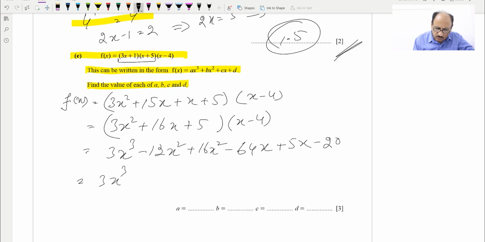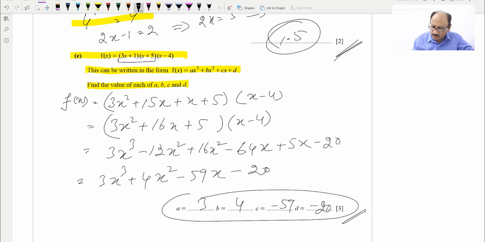Squares we can add, so this will be remaining 4x square, and next will be x, so minus 59x and minus 20, and a value will be 3, b value will be 4, c value is minus 59, and d value is minus 20. We can write here, and this is for 3 marks.